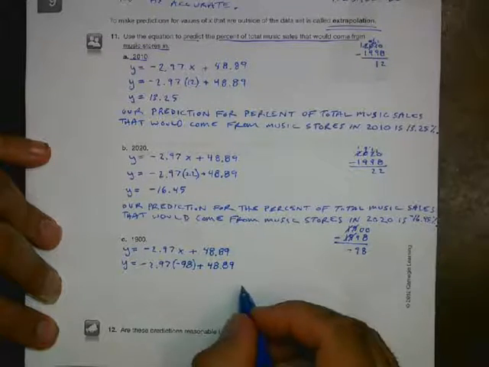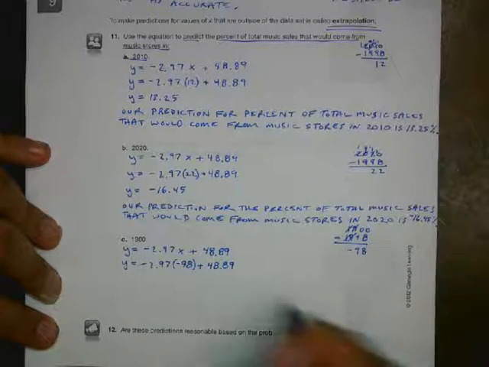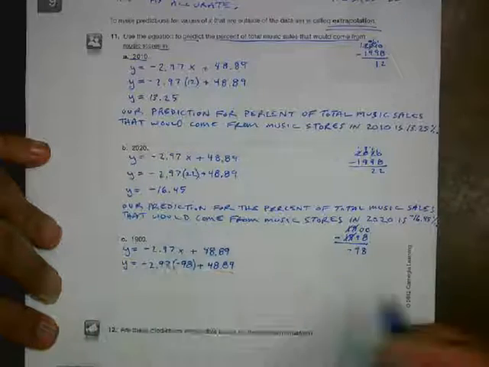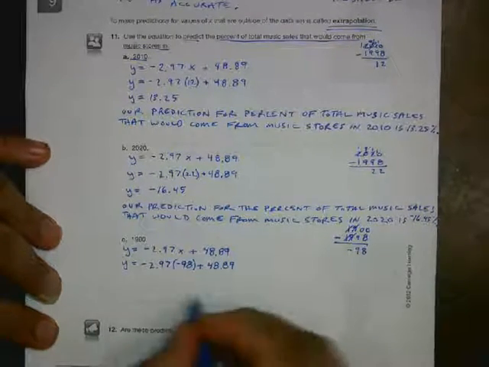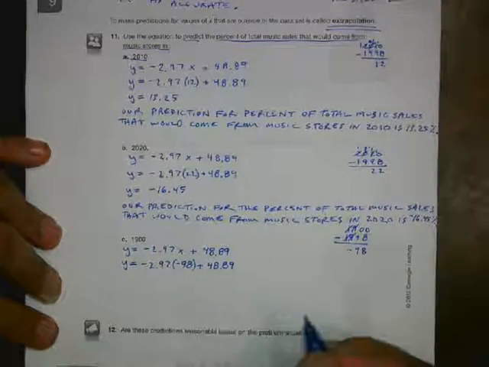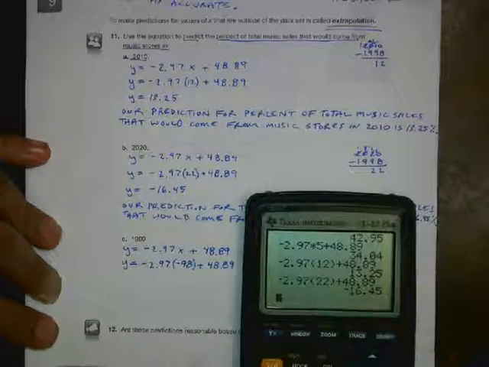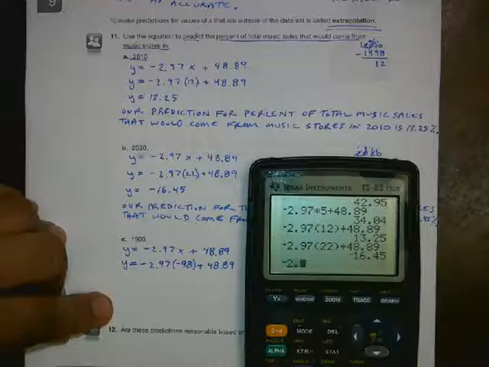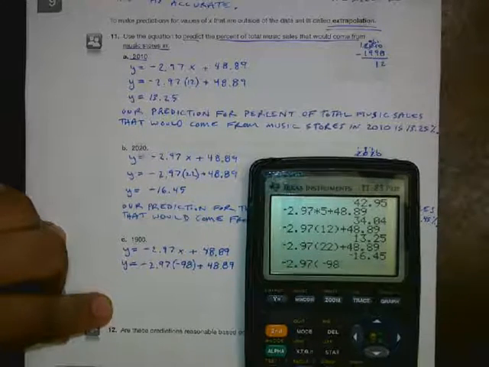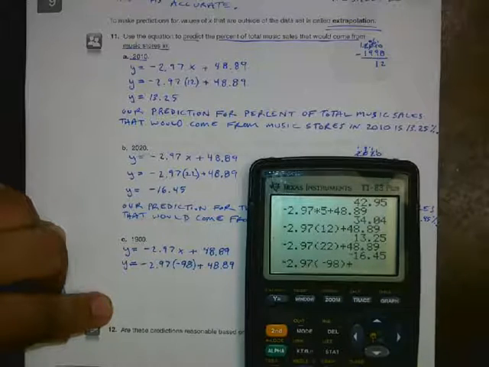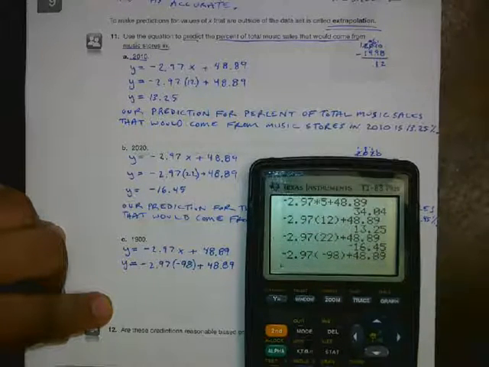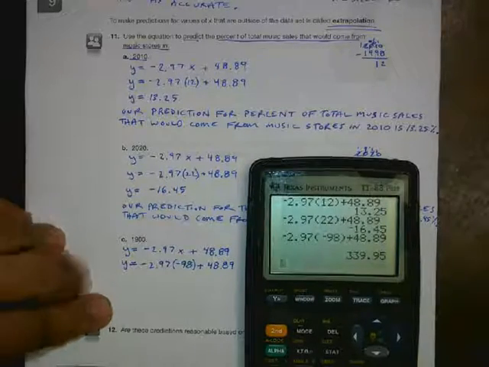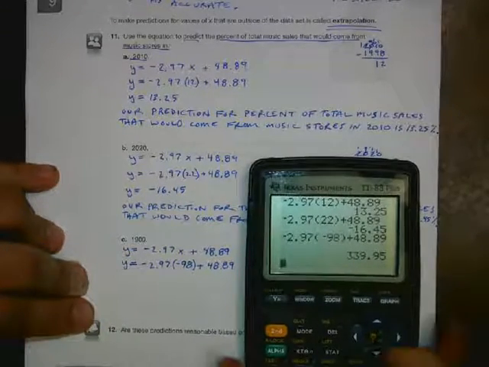And my alignment's a little off, but it's not too bad. You don't want to get too sloppy on it, though, or too misaligned. Okay, so let's plug it into the calculator. Negative 98 plus 448.89, and we get 339.95%.